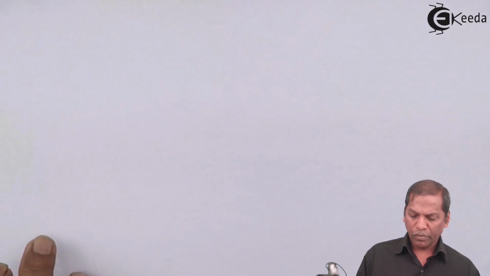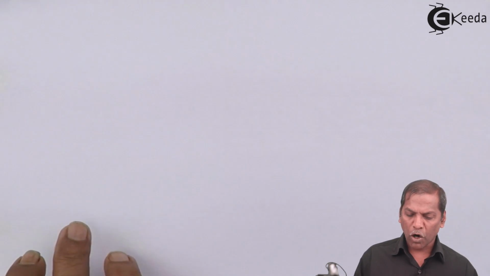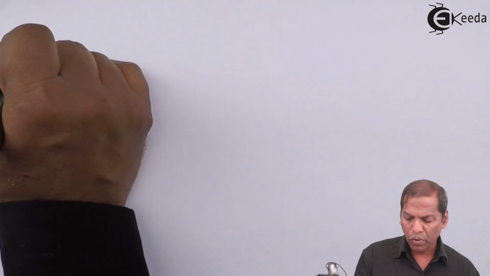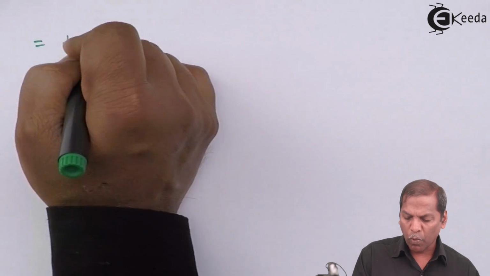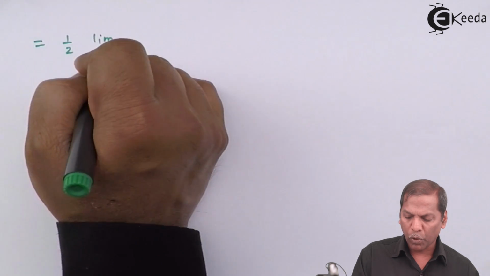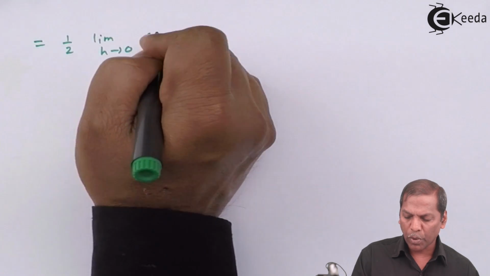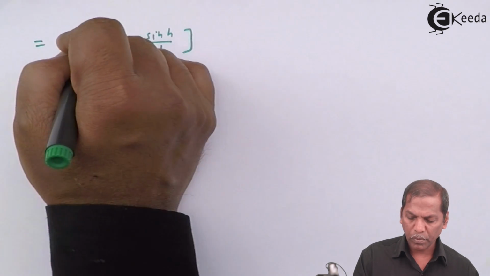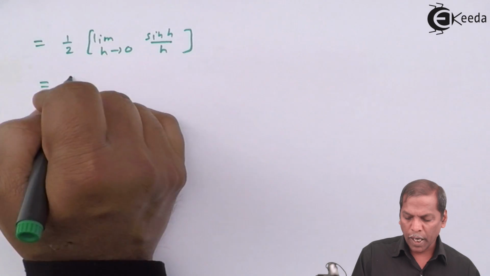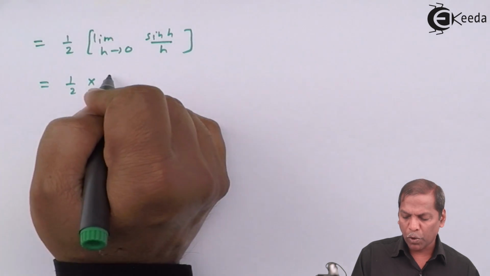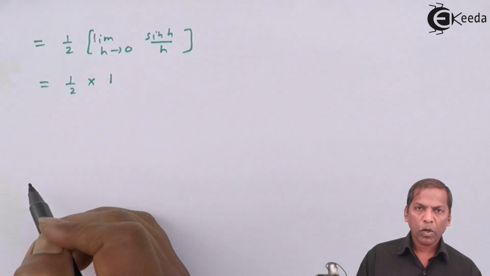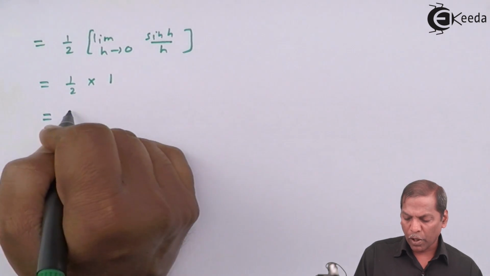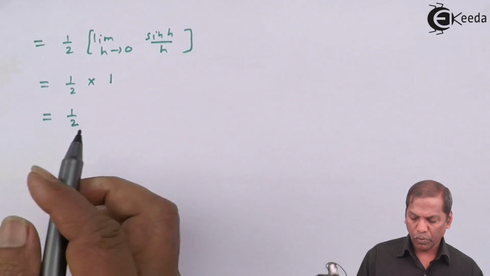Cancelling the minus sign and taking the constant term 1 by 2 outside the limit, we have 1 upon 2 into limit h tends to 0 sin h upon h, and that equals 1 by 2 into 1 by using the limits rule, and that equals 1 upon 2.